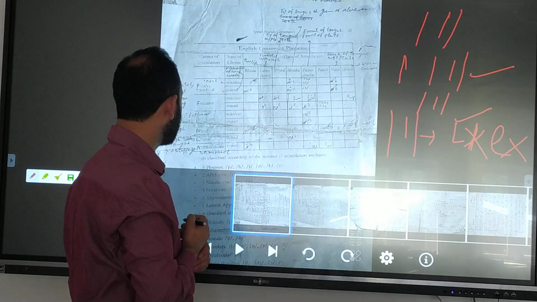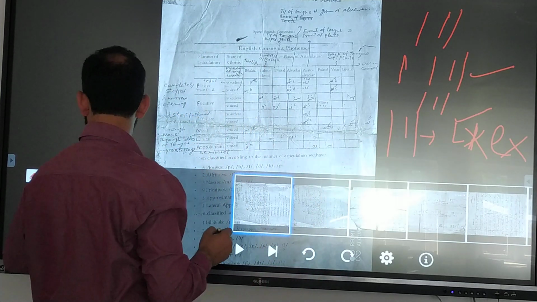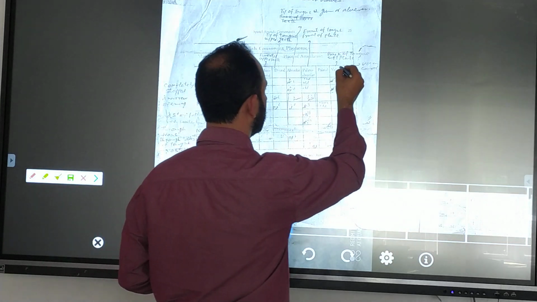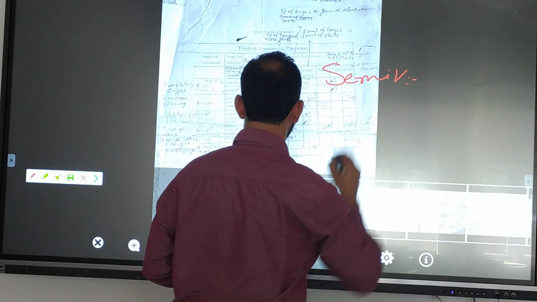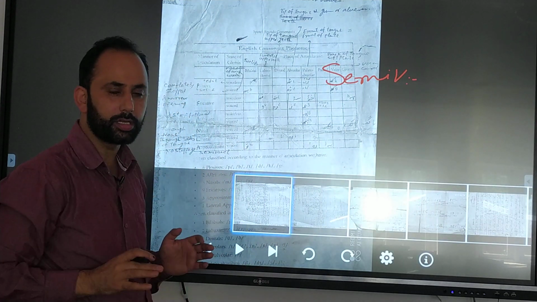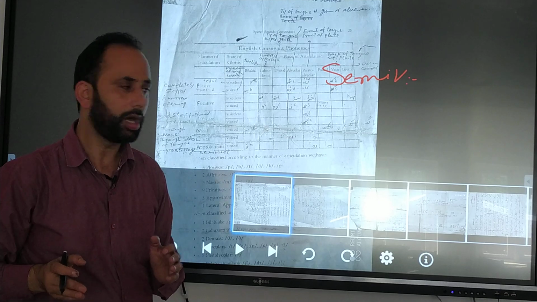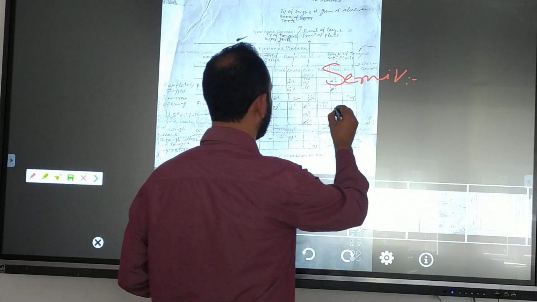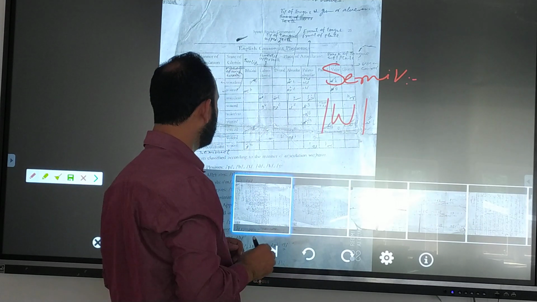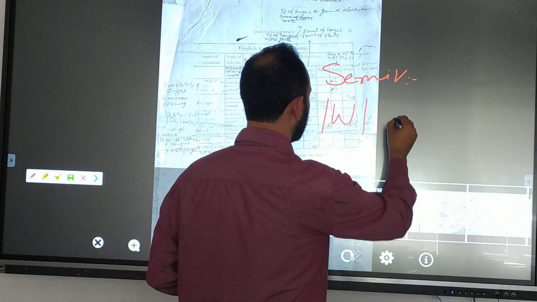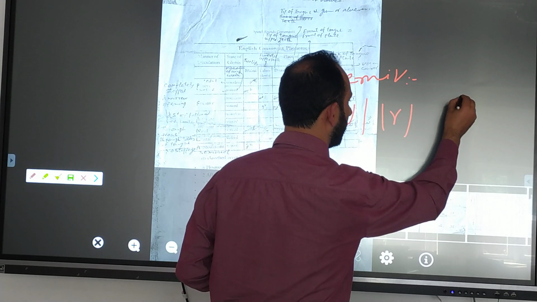Then there is the last one, but not least, which I already told you, that is semivowel. In case of semivowels, I told you that they have some characters of the vowels and some characters of the consonants. This is not called here W, it is called wo. This is wo, this is ro, and this is yo.